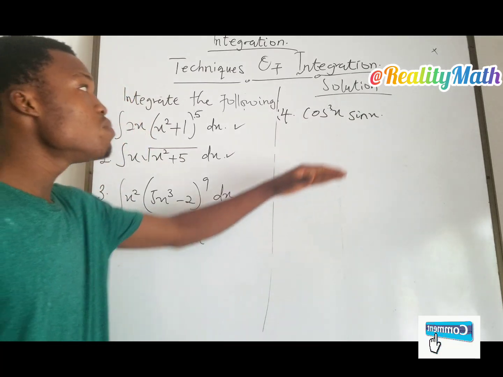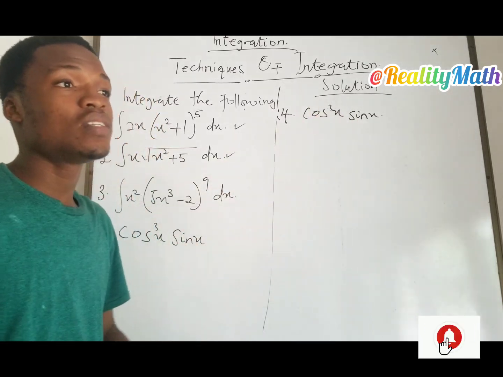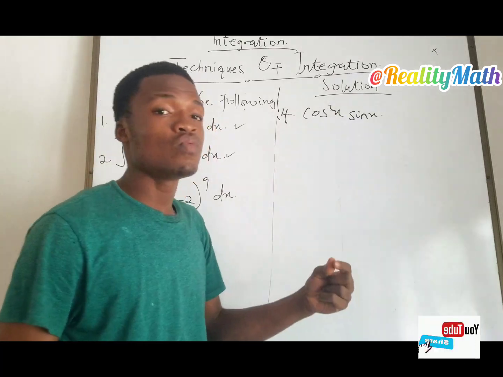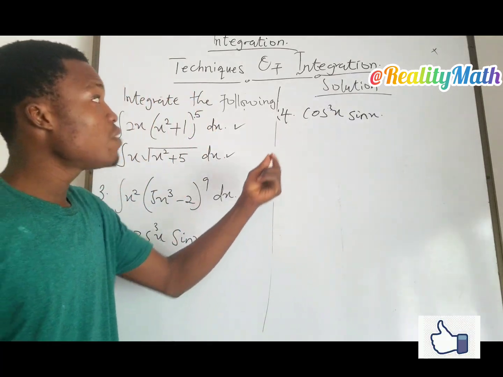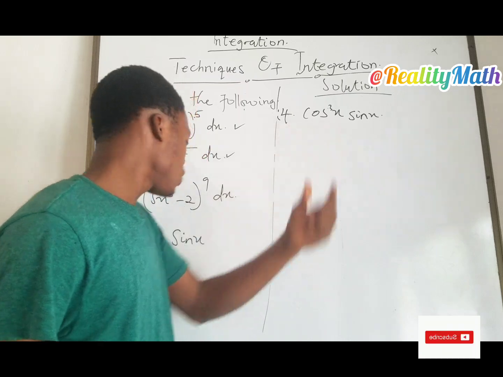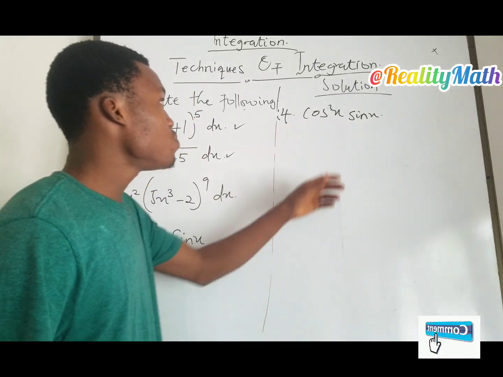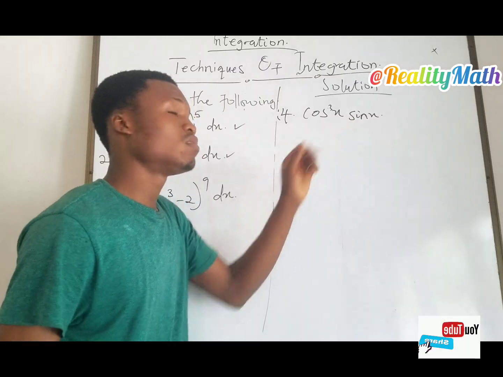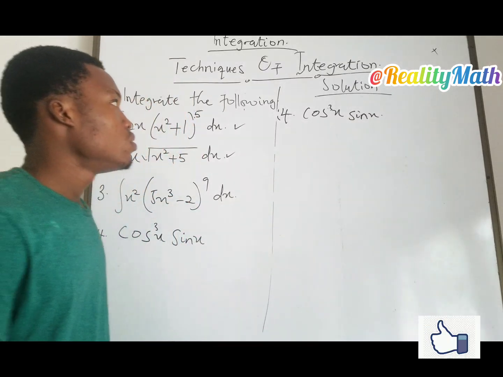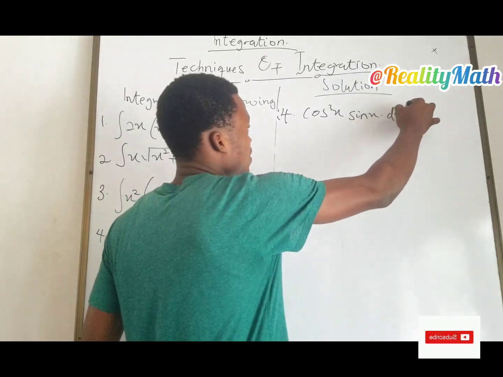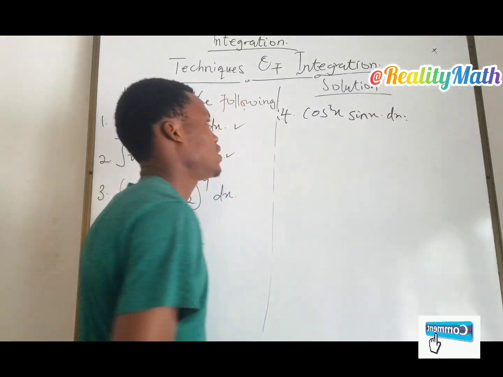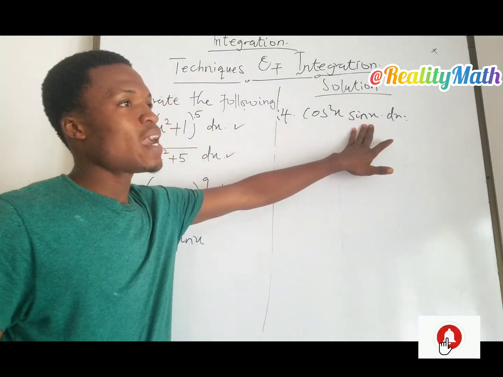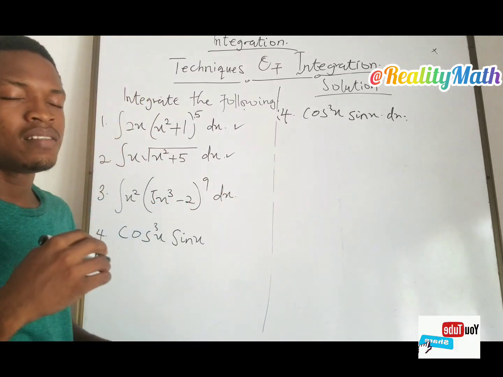Now, the idea or the concept for choosing a term here to be u is to make it simpler. We have to choose one such that when we differentiate to get our dx, that one will cancel either this or this. So if I put here dx, and I take the sine x, I differentiate it.